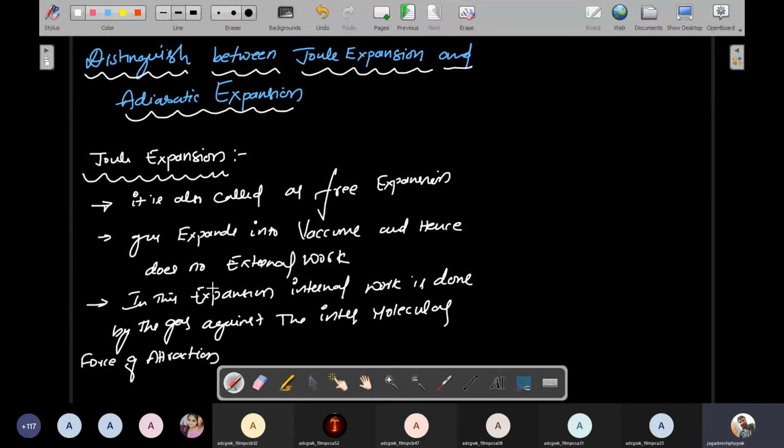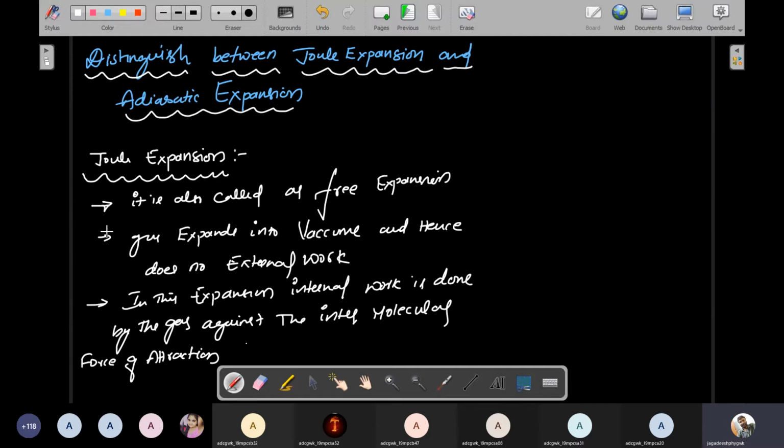Please remember, the contribution of net external work may be either cooling or heating. Because the gas never does any external work, it does only internal work, so the total net work will be only internal work.